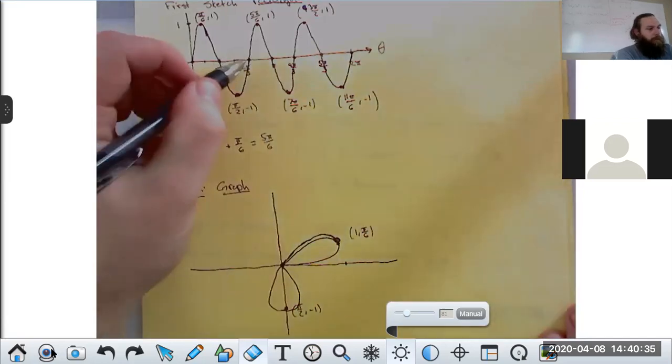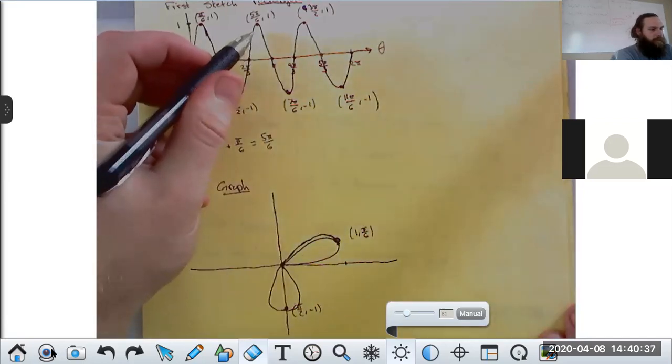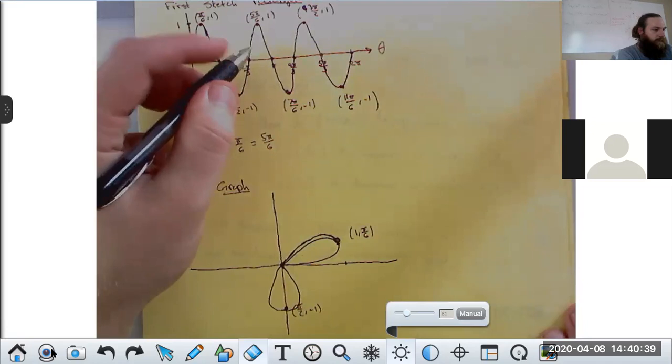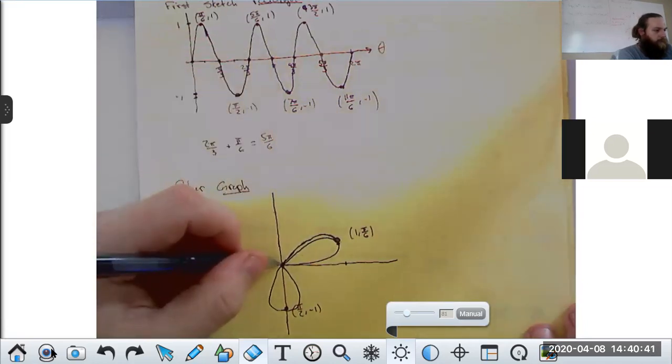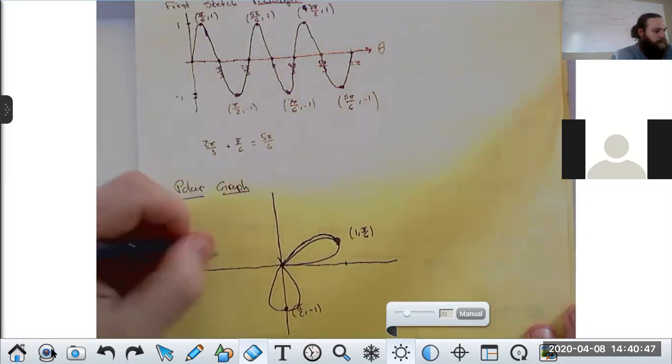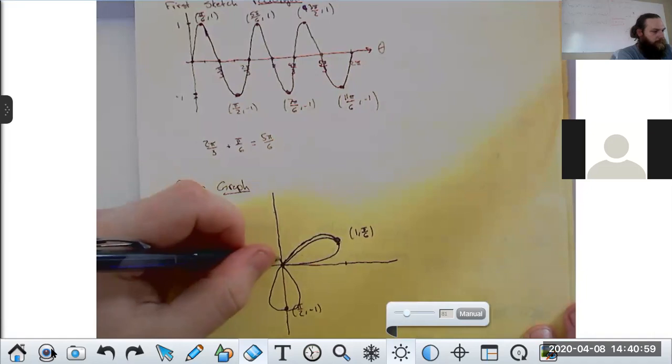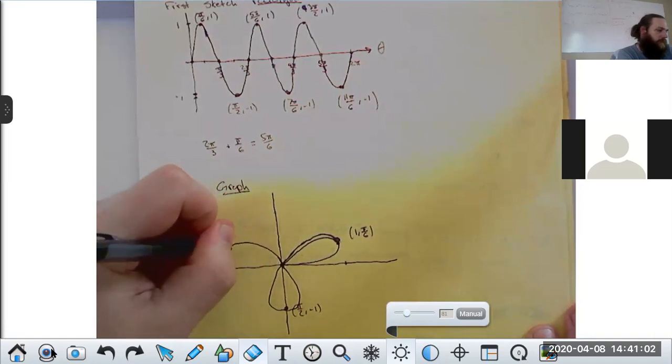Now from 2 pi over 3 to 5 pi over 6, r is positive again. So we're going to poke back out of the origin here at 2 pi over 3. And we're going to come out to this extreme point of 1 comma 5 pi over 6. So something like this.